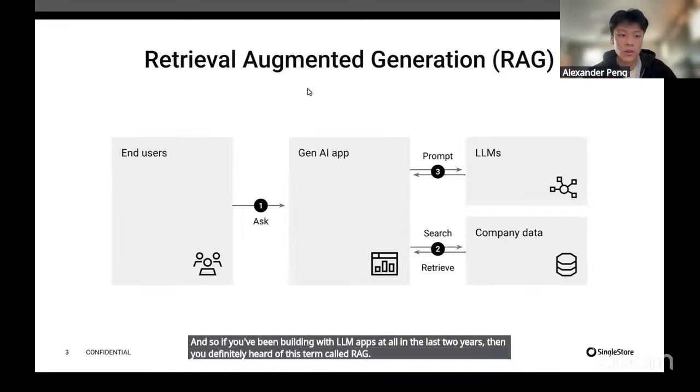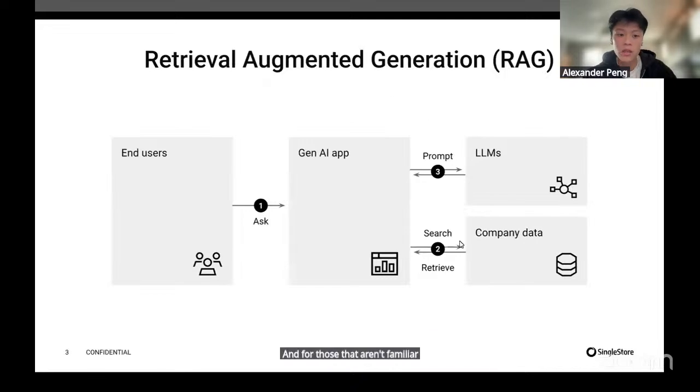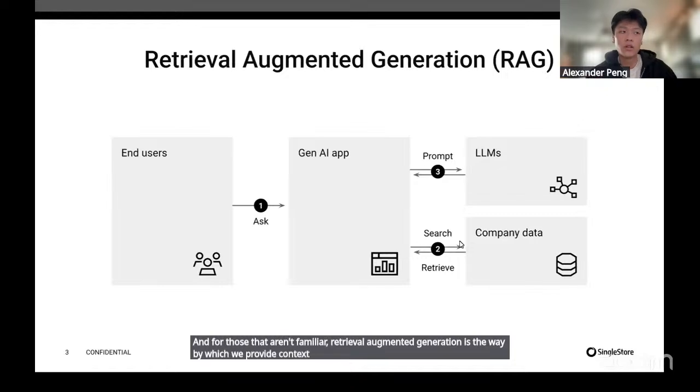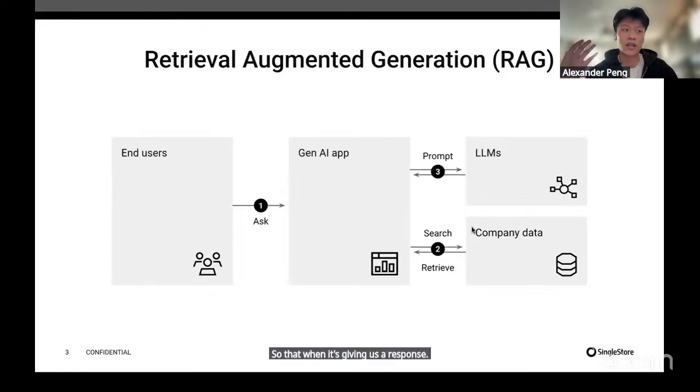For those that are unfamiliar, retrieval augmented generation is the way by which we provide context to a model outside of its training data set, so that it's aware of facts and information, private internal information, external facts and figures, so that when it's giving us a response, it's not hallucinating.